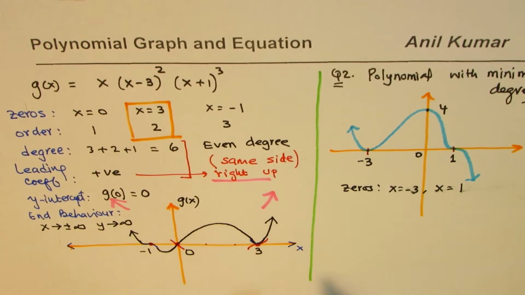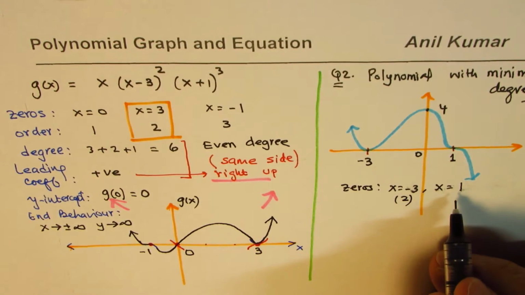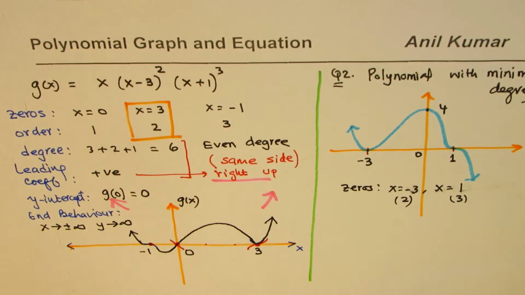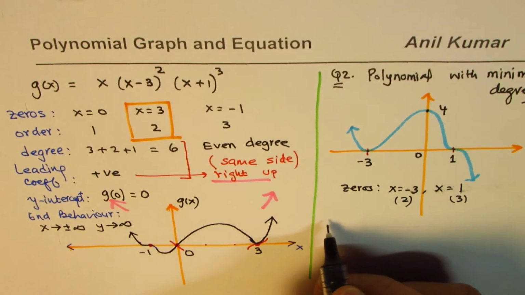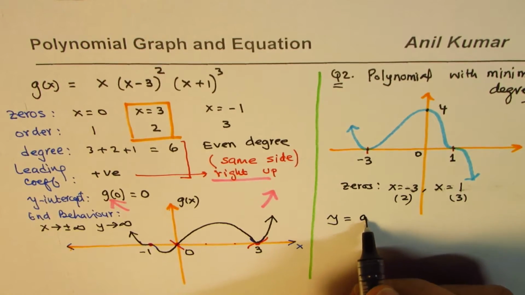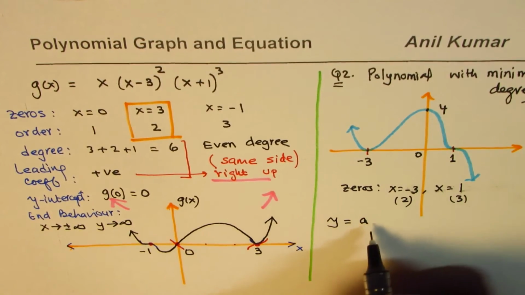Minimum will take 2. Okay, so we'll say the order for this at -3 is 2, and at 1 it will be 3 because it's kind of cubic in nature, odd degree, right? So that gives us approximately a function. So we can say y equals a times, and the a value can be found from the y-intercept.